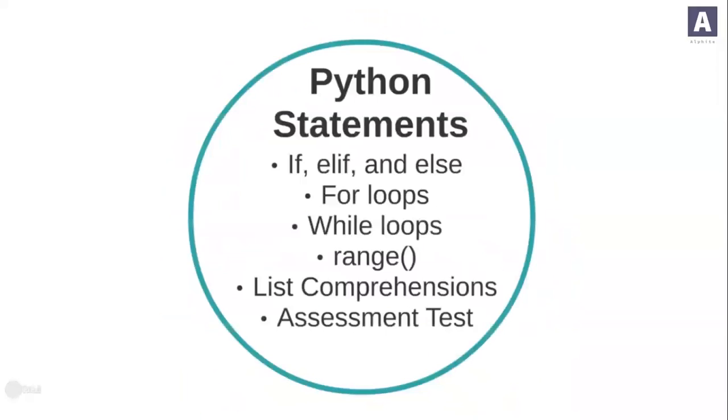Okay, so after that we'll learn what is if, elif and else, and then we'll move on to using if, elif and else. We'll be using for loops, while loops, the range function, and then list comprehensions, and after doing this set of things we'll have an assessment test.